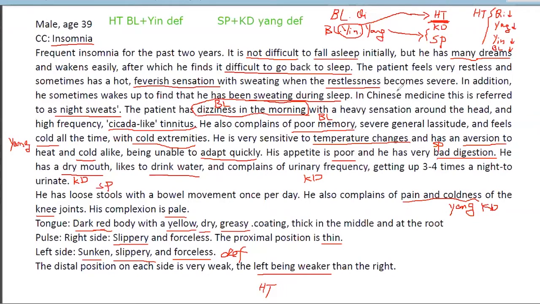For yin deficiency, we must have heat signs. But for blood deficiency, we say it's mainly the nourishing function. But I agree, if we give you one choice, yin deficiency. But if we give you two choices there, you need to put a second one for blood.